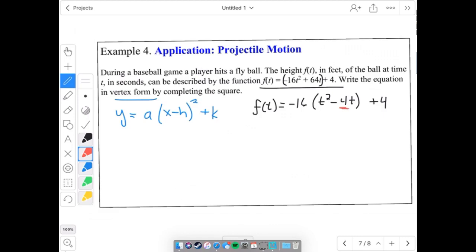Now this part is the tricky piece, so we'll have negative 16 out front, t squared minus 4t plus 4. Now we added 4 to the inside. Now because we had factored out a negative 16, we're going to multiply that 4 by 16 and add it to the outside. So we have this plus 4 that we had before, and now off of our completing the square, we're going to add 64.